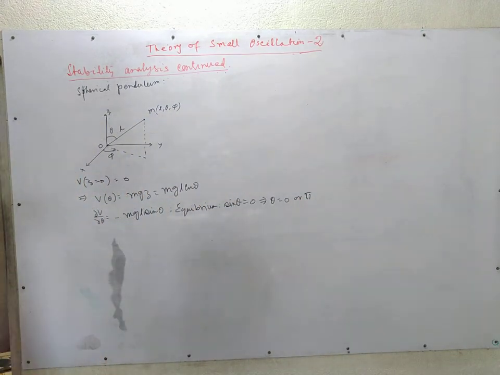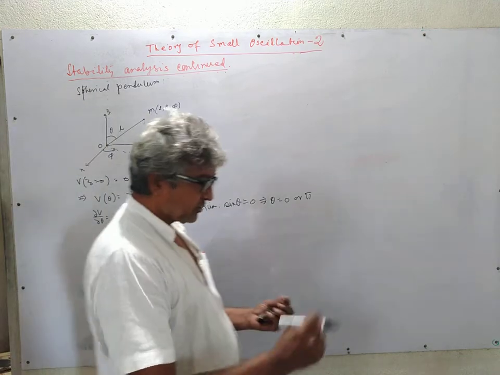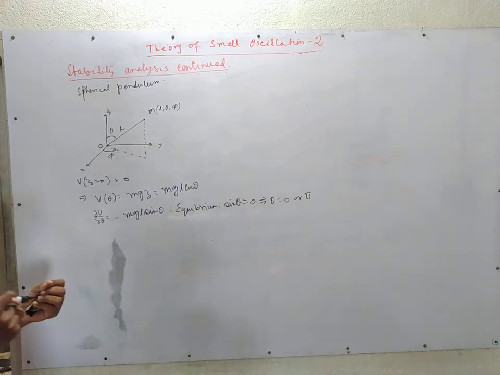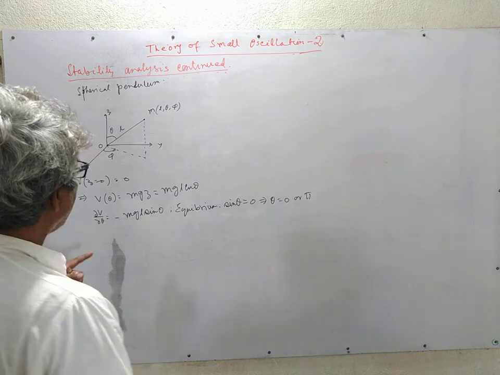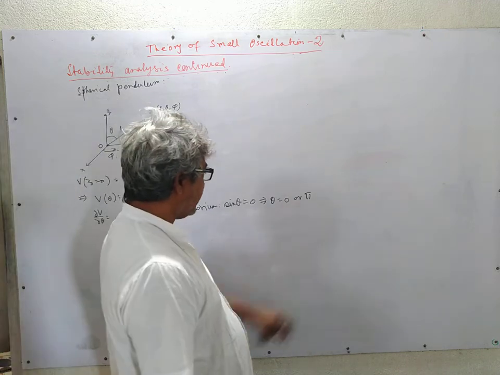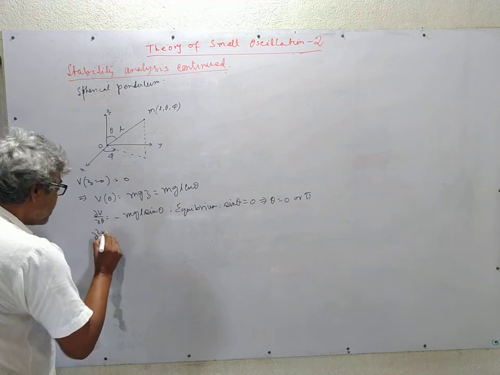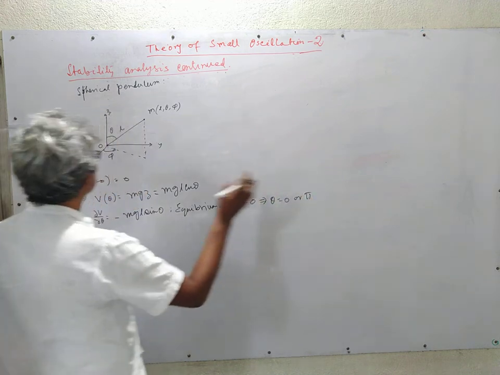In the earlier example, we ignored the option of pi because a simple pendulum rotates to and fro with small amplitude about its equilibrium point. But a spherical pendulum can move everywhere on the surface of a sphere, so both values are included. So if we calculate the second derivative, the equilibrium points are these two.